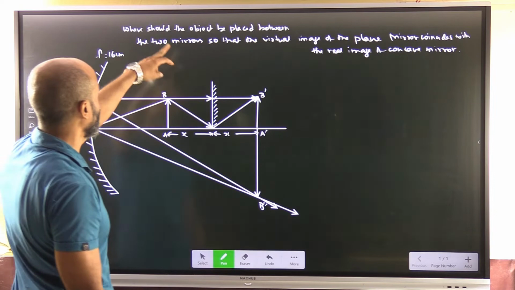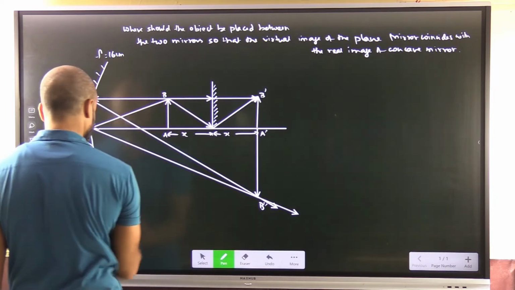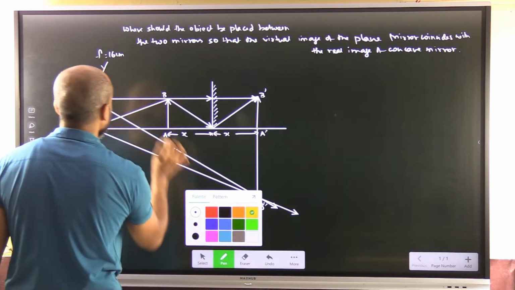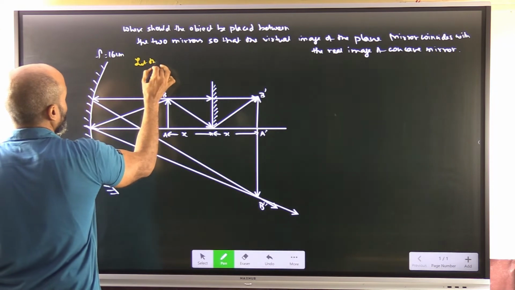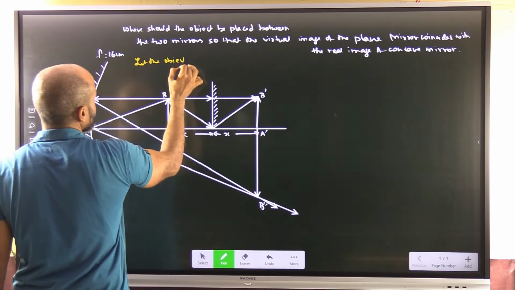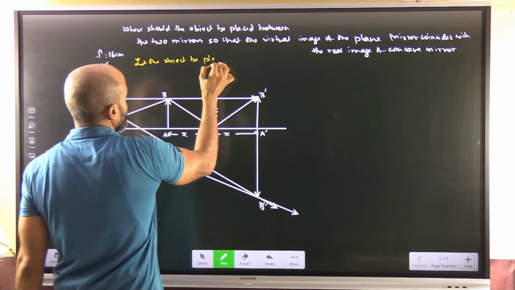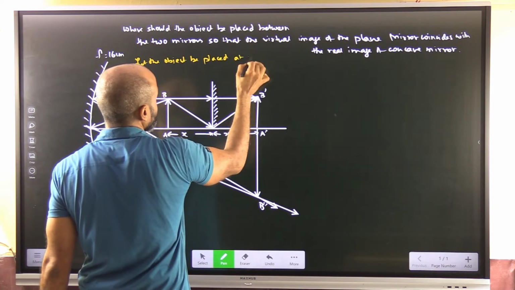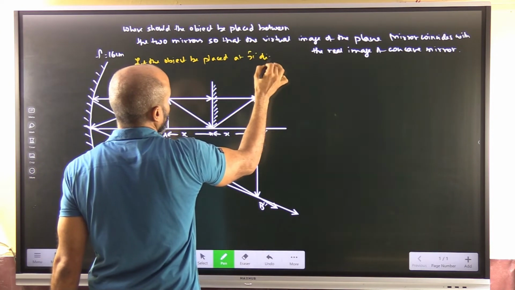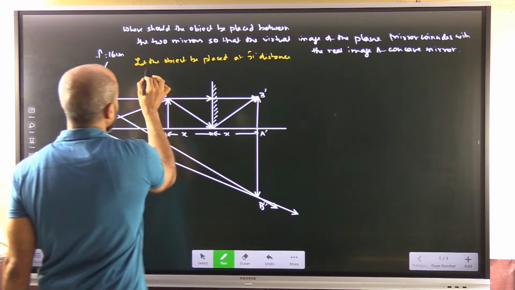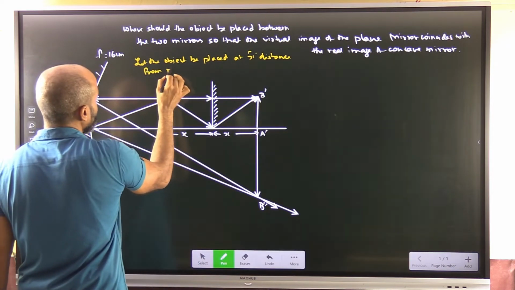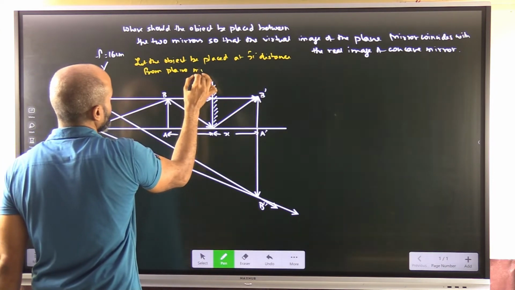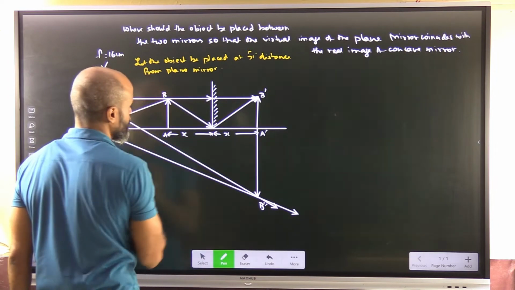So now where should the object be placed? We will consider that the object is placed at x distance from the plane mirror. So this is placed at a distance x.